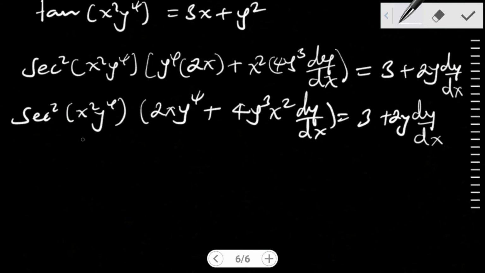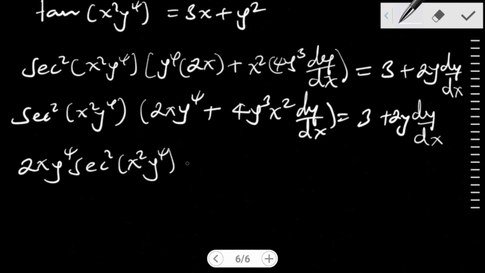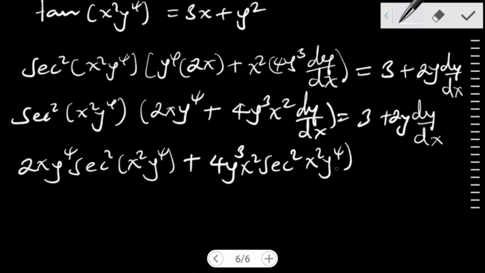2x y to power 4 sec squared into x squared y power 4, close this, plus I'm going to have here 4y cubed x squared sec squared x squared y to power 4, and close this.